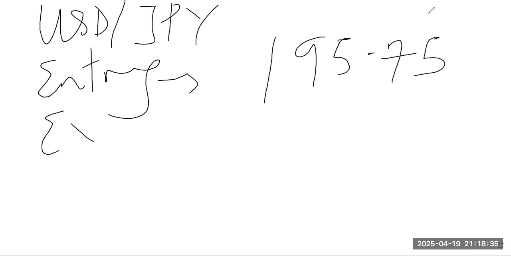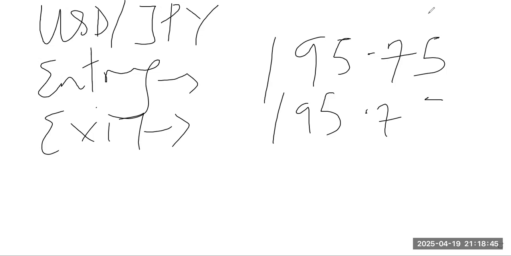Then the exit price is 195.77. If you want to calculate the pips movement now, remember I said for pairs that have JPY as the quote currency, you calculate the pips from the second decimal place, that is after the point, 1, 2. This second decimal place is when you start calculating the pips.